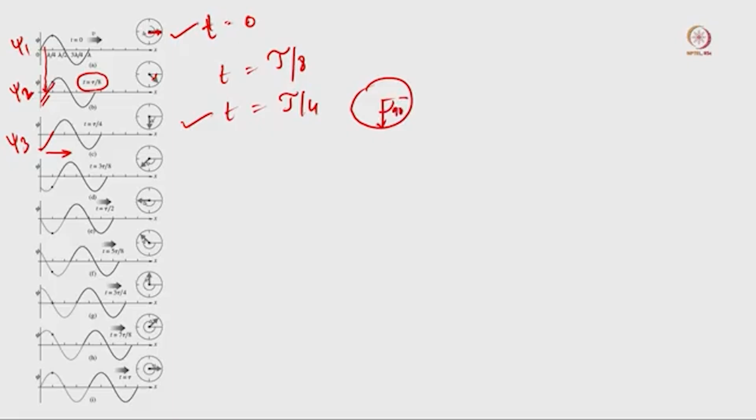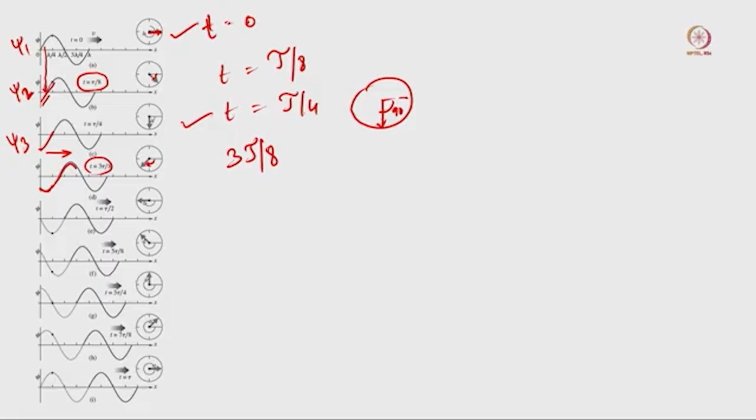Now, if you go further, when t equals 3T by 8, you can see that again there is a change in the position of this wave, and that is reflected here in this particular angle.